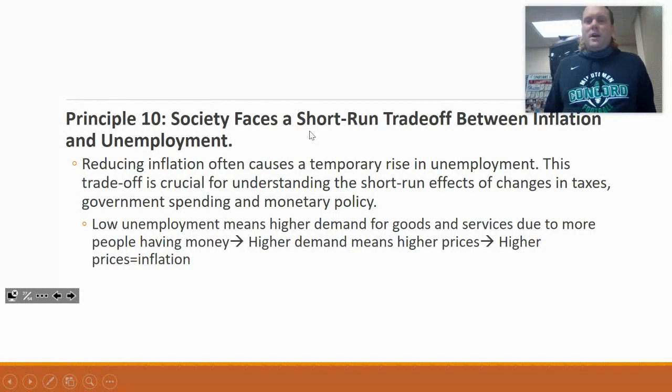And the last one is, again, something we'll talk about later on: a short run trade-off between inflation and unemployment. Inflation and unemployment work opposite of each other. So when unemployment gets better, meaning people have jobs, that means they spend money. When people spend money, it creates inflation. The opposite happens when people don't have jobs. Prices go down, inflation decreases. So think of the Great Depression. A lot of people think that during the Great Depression things were super expensive.